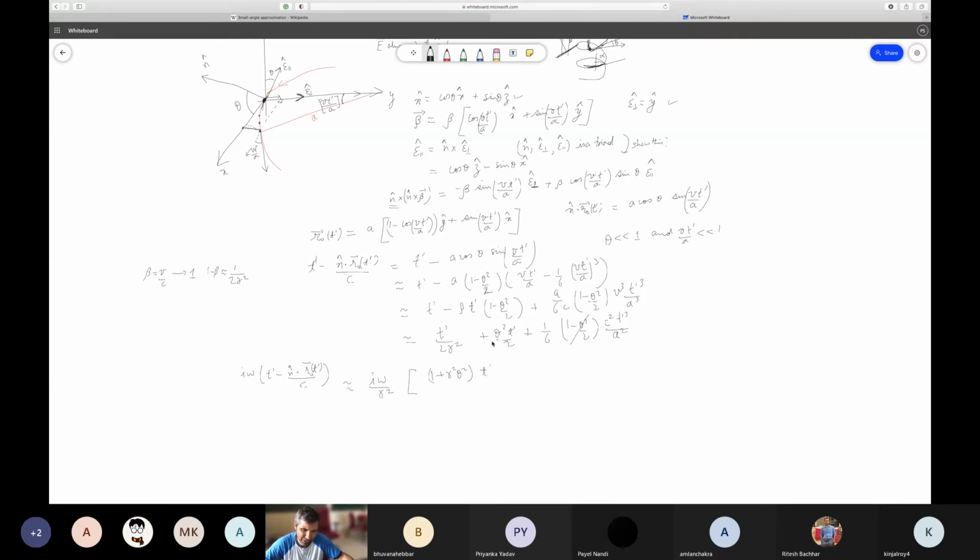This is just the sum of these two terms, plus iota omega by 2 gamma squared, I bring it out, so I have C squared gamma squared t prime cubed by 3A squared. So I have this. This is that phase factor.